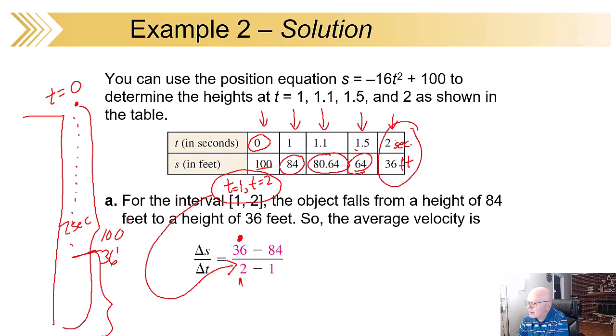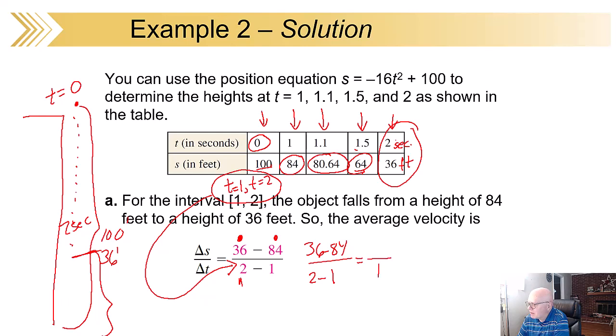At the 1 second point, it was 84 feet above the ground. So what's the average velocity between 2 and 1 second? We'll subtract the distance values, 36 minus 84, and 2 minus 1. The bottom is pretty easy, right? So 1 in the bottom.